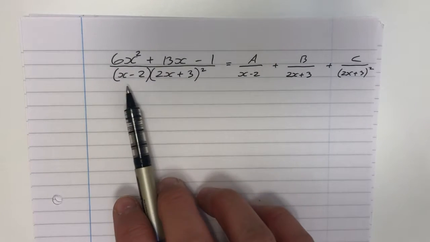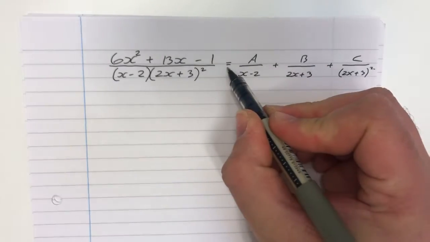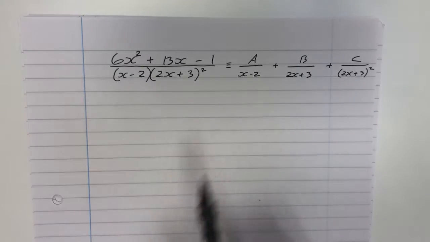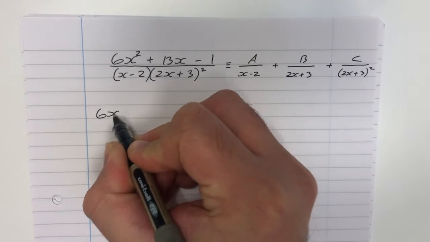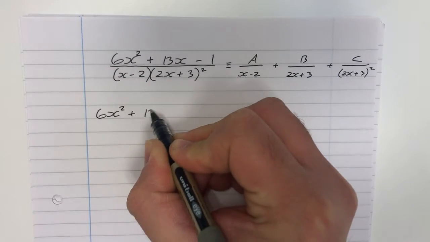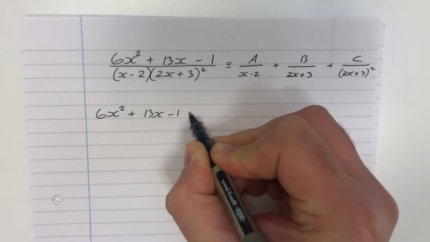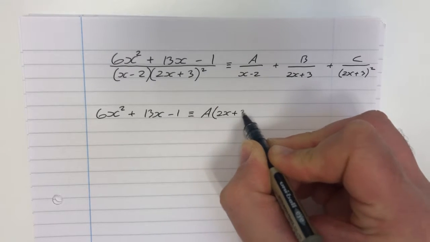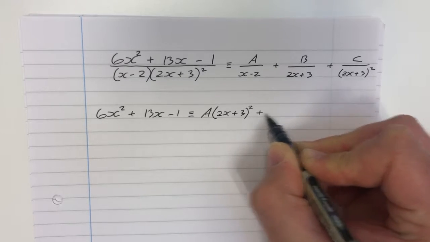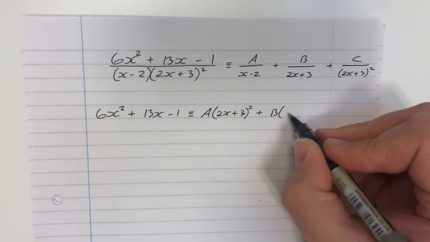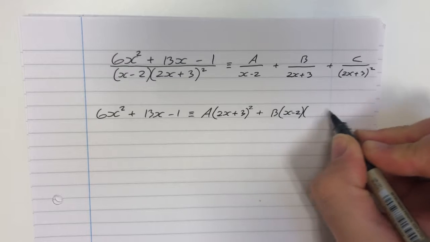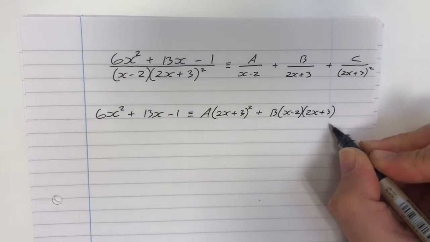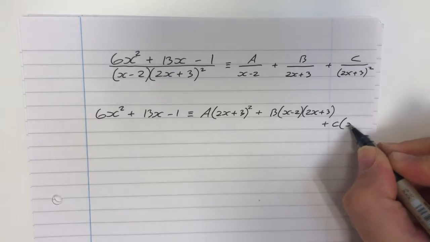So again, just as before, we're going to take this identity, which is true for all x, and multiply it through by the denominator of the left-hand side. That's going to give us 6x squared plus 13x minus 1 is identical to a times (2x plus 3) squared plus b times (x minus 2)(2x plus 3) plus c times (x minus 2).